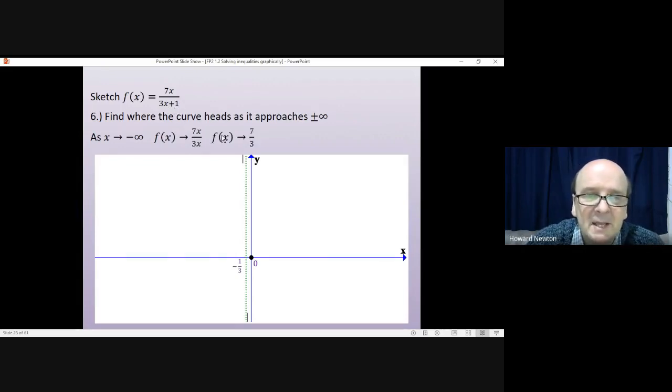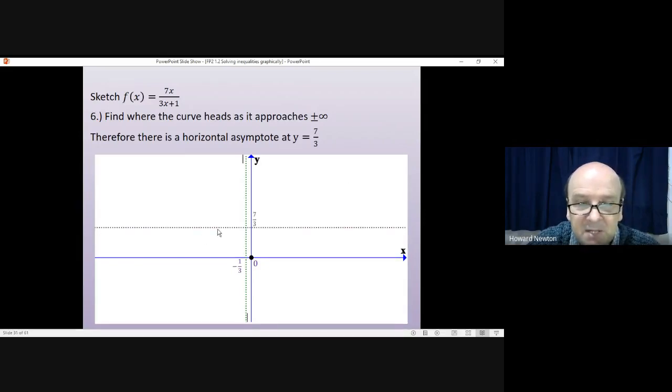You can cancel the x's, and the function will tend towards 7/3 as x tends towards minus infinity. So in both directions, as x gets bigger and bigger, the function is tending towards a limit. That means we'll get a horizontal asymptote at 7/3, at y equals 7/3, or f of x equals 7/3.